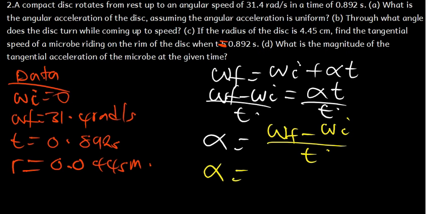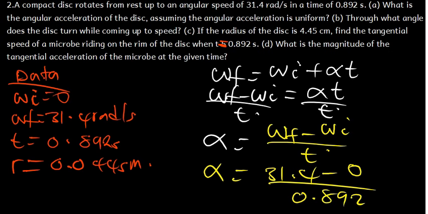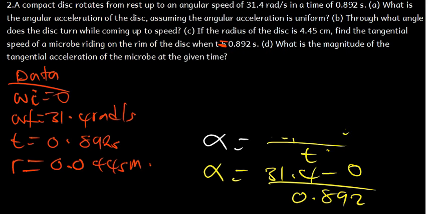The final is 31.4 minus 0, divided by the time, 0.892. So 31.4 divided by 0.892, I'm getting 35.2.